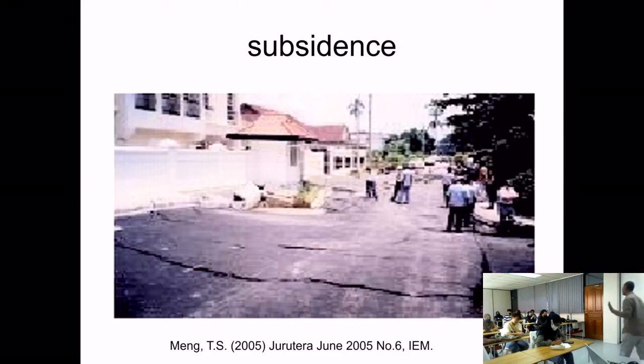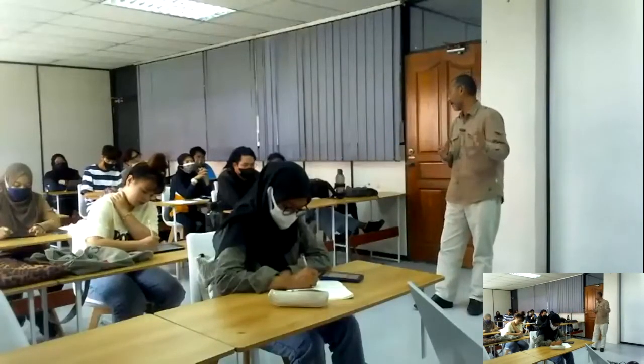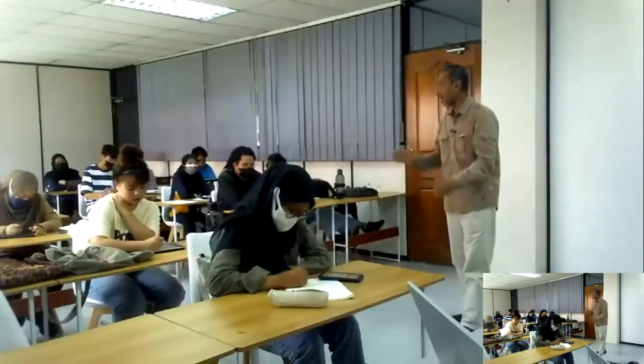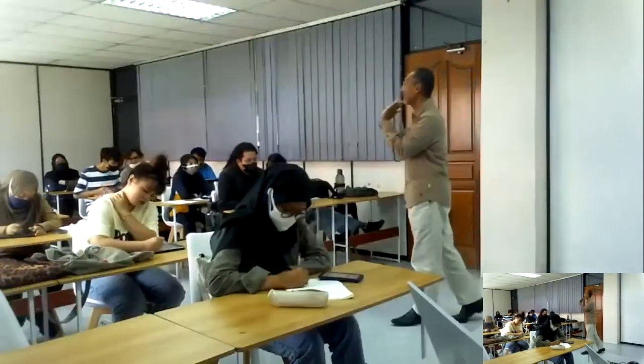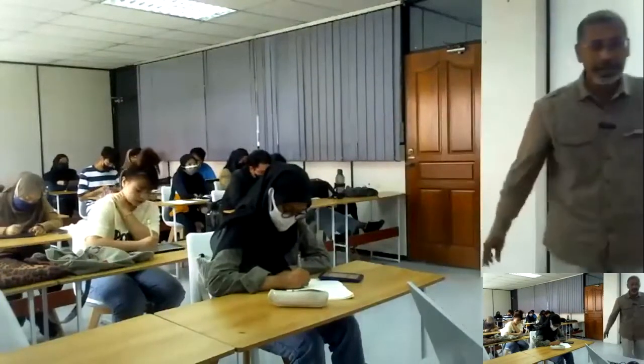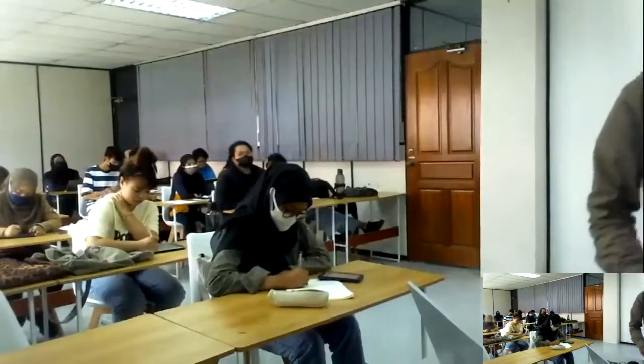So one reason why we want to strengthen, reinforce, or improve the soil is to make sure the expected loading can be taken care of by this road, especially the soil that is supporting the road. So this is one example of why we need to address the issue.